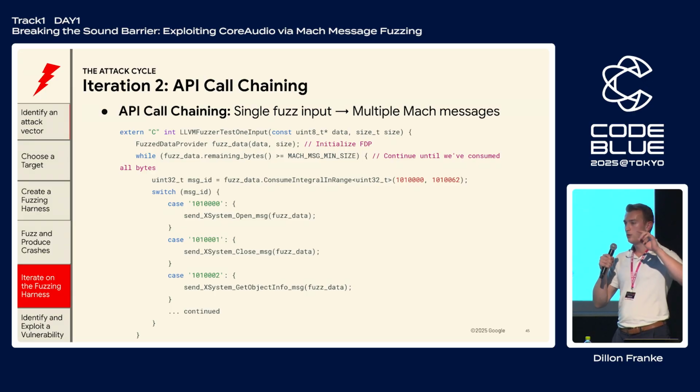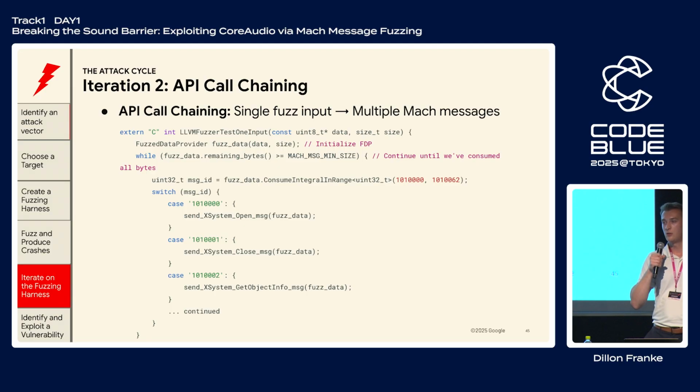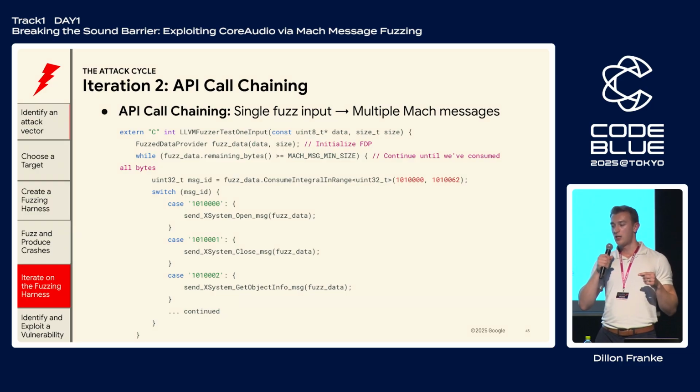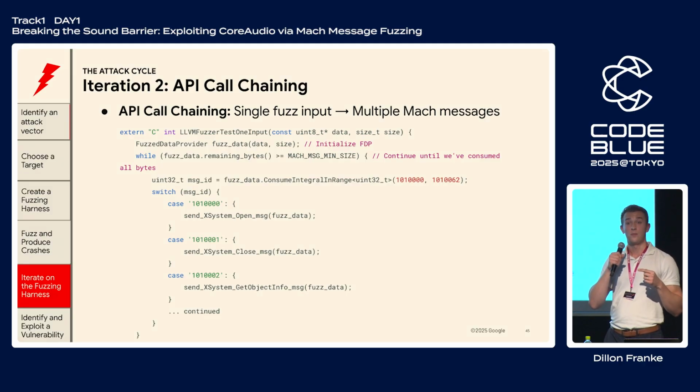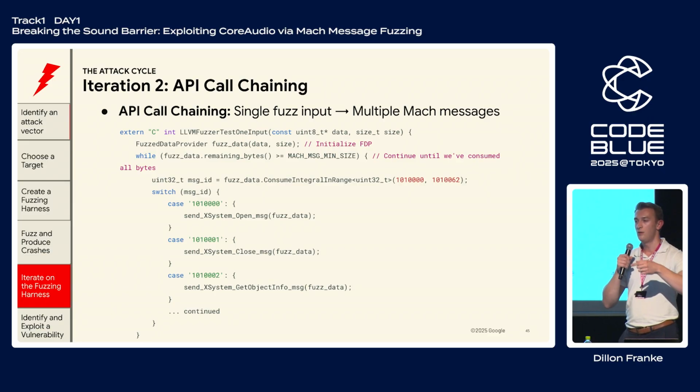We're going to continue going through all the bytes until we've consumed all the data, and each time we will generate a message ID. So we're basically just going to pull out a 4-byte integer from our data, and that's going to be our message ID, and then based on that we will send a specific message. But then we won't end like a normal fuzzing routine would. We'll continue the loop until we've consumed all the data.